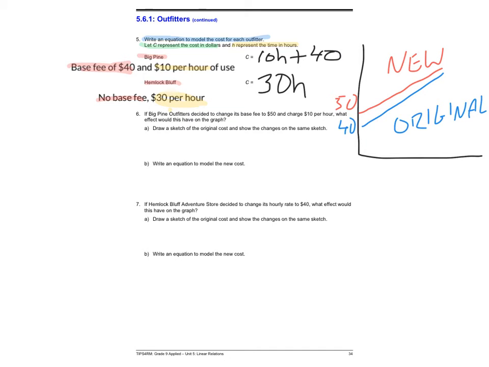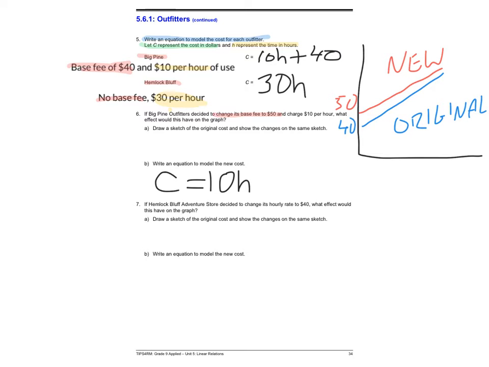Question B asks for us to write an equation to model the new cost. Well, our cost is equal to Big Pine's hourly fee of $10 for every hour, but as we see in the question, we are changing the base fee to $50.